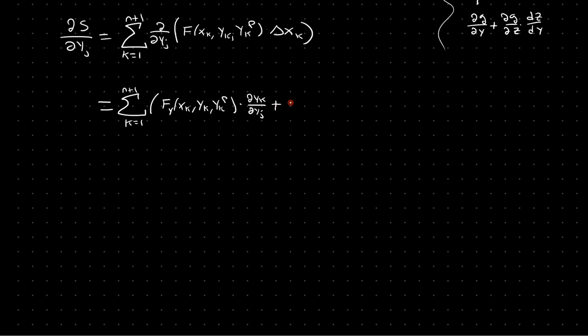Plus the partial derivative of f with respect to y prime at xk, yk, ykp multiplied by the partial derivative of ykp with respect to yj.